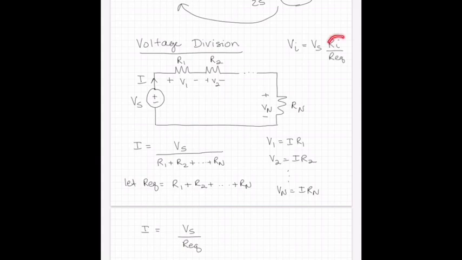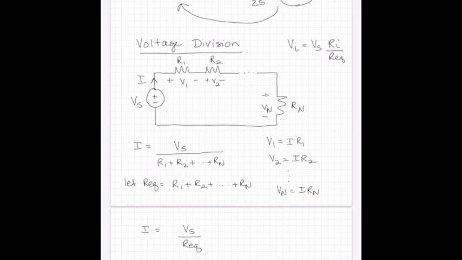This here is a fraction of the total source voltage, which means that V1 gets a certain fraction based on R1, V2 gets a certain fraction of Vs based on R2, all the way out to R sub n, which gets a fraction of Vs as a function of R sub n.